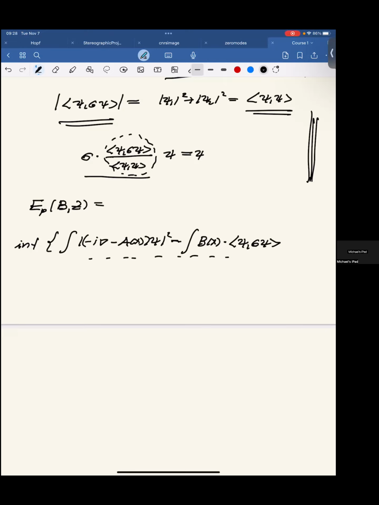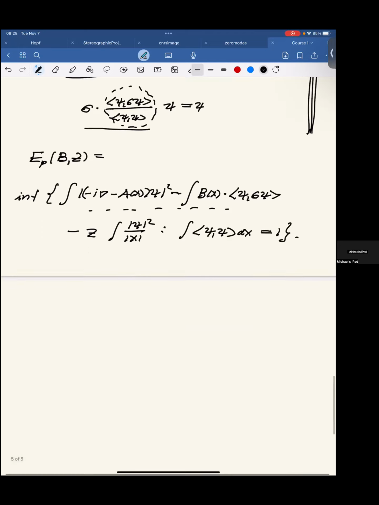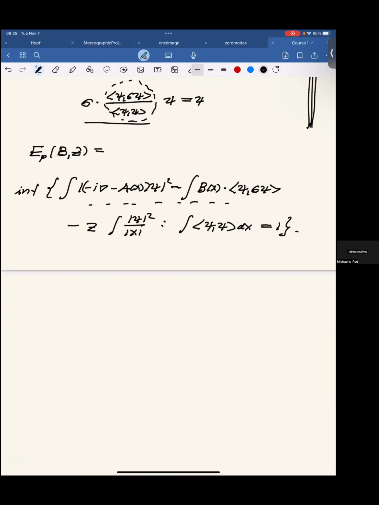But since it's not 0, you definitely see them. And then, of course, you have minus Z times the integral of psi squared divided by x. And you minimize this over all spinors which are normalized. Okay? Good.